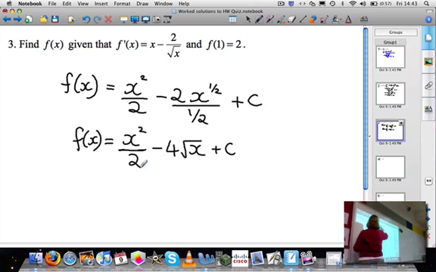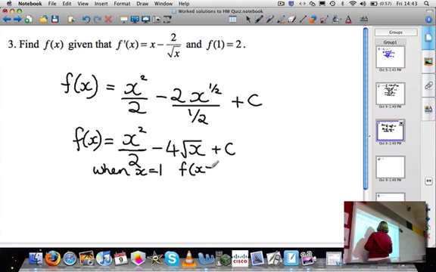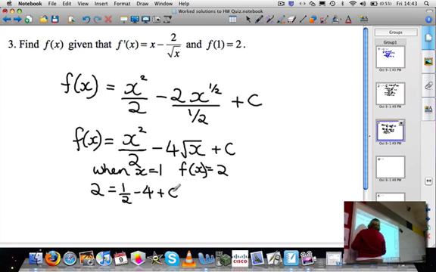Now we know that where x equals 1, the f of x is equal to 2. And now it's just a matter of substituting those values in. 2 is equal to 1/2 minus 4 plus c. This here is negative 3.5.